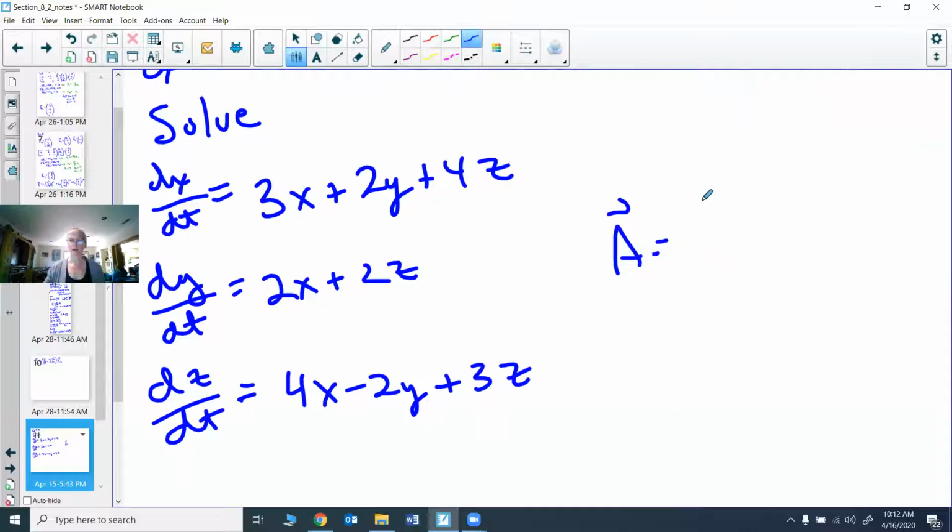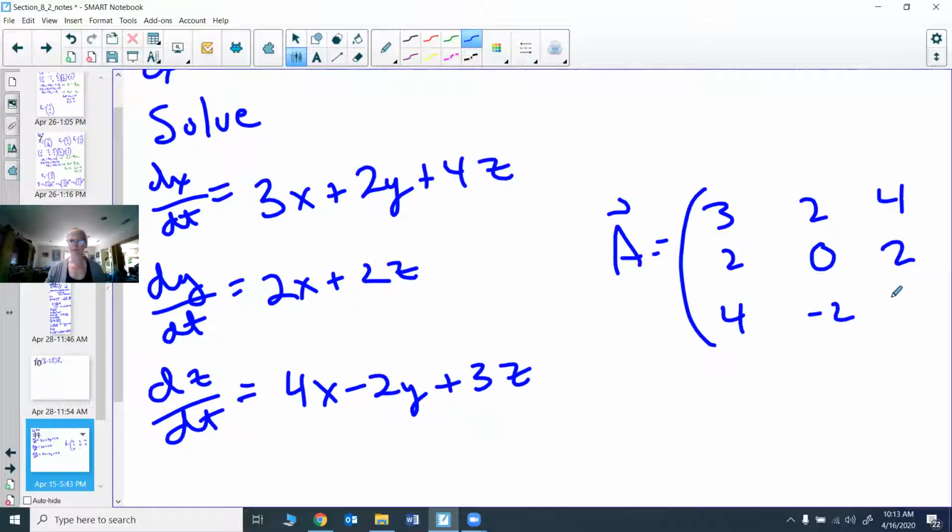So my A matrix is the matrix 3, 2, 4. X is 2, Y there isn't 1, so it's 0, and Z is 2. And then the last row would be 4, negative 2, 3. So there's my A matrix in this case.